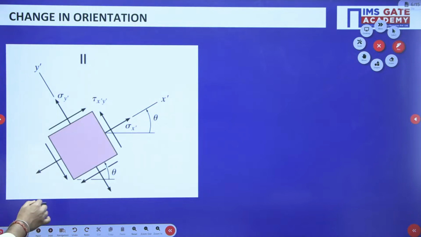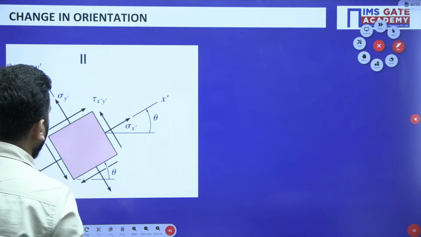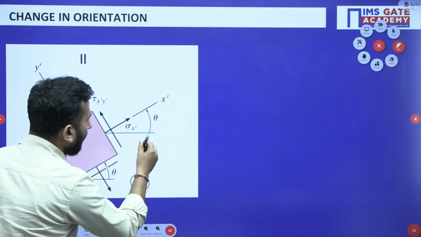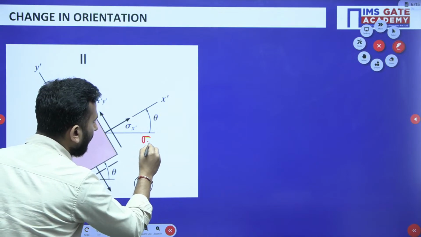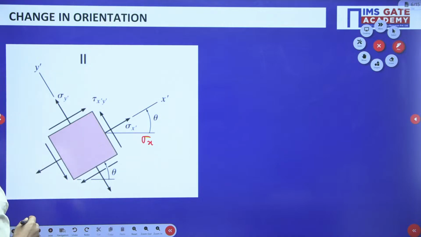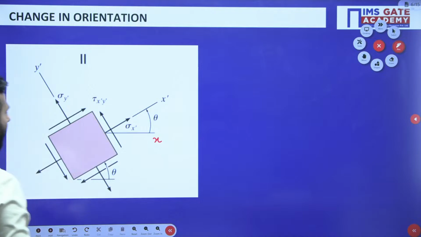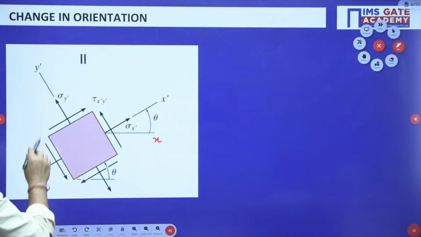Clearly, my dear friends, you can see over here that this is my sigma x, or I can say the x direction. This is my x direction, and the y direction will also be there.